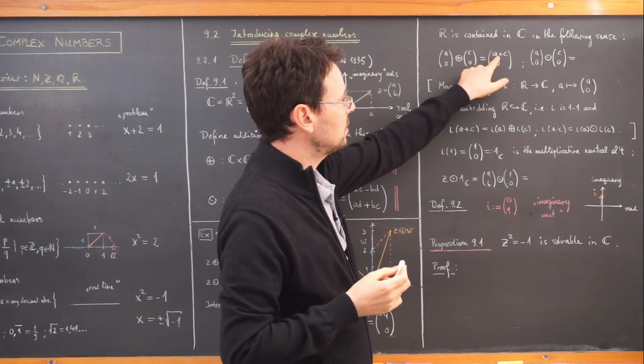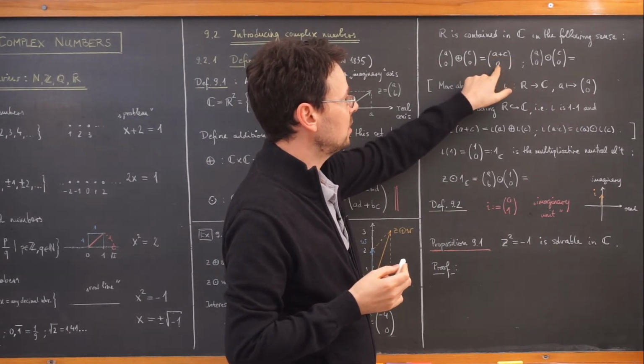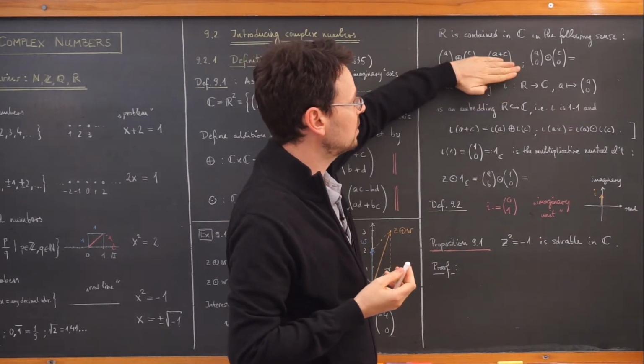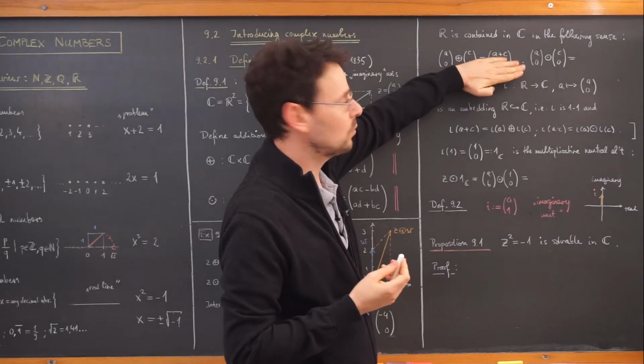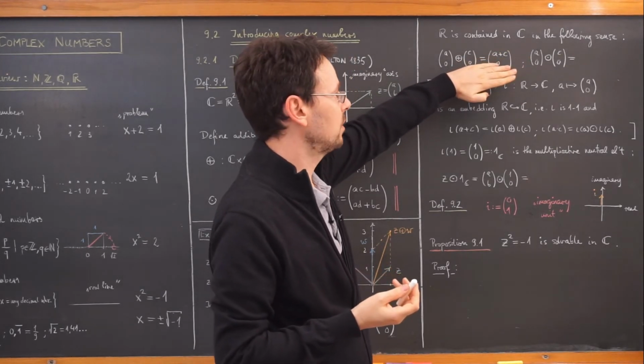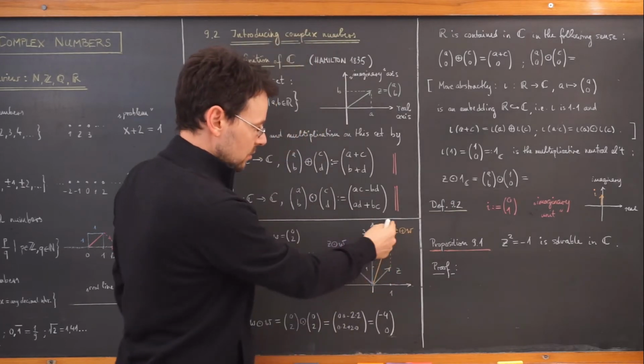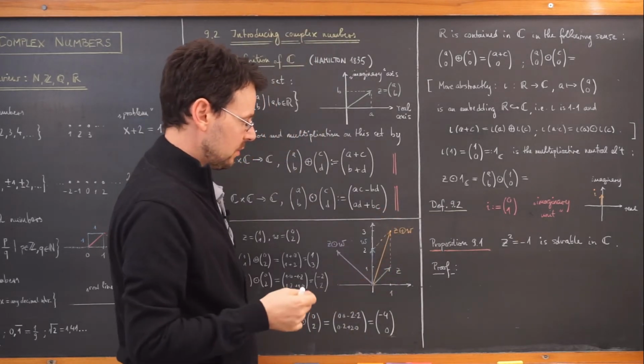Clearly, the sum is simply a plus c, and here we have 0. So it's as if I were adding real numbers on the real line. This is not surprising if you think about the geometric interpretation.